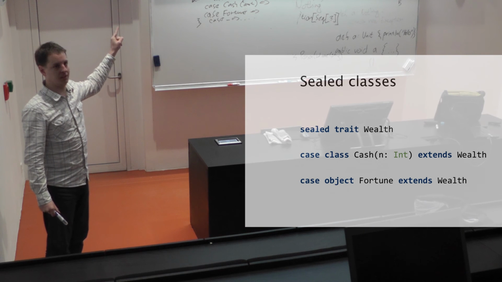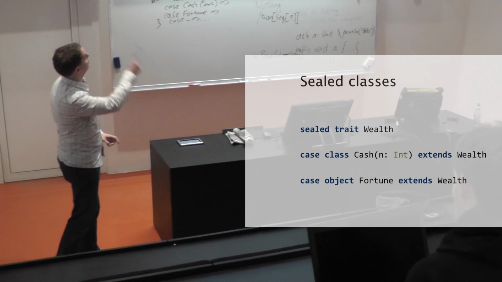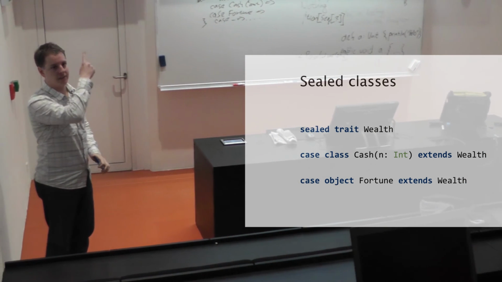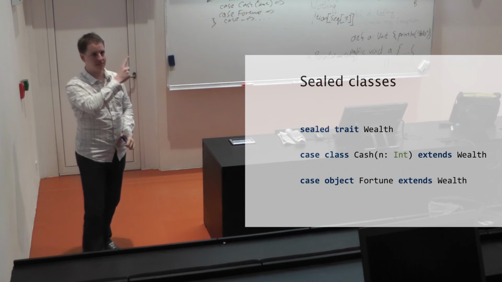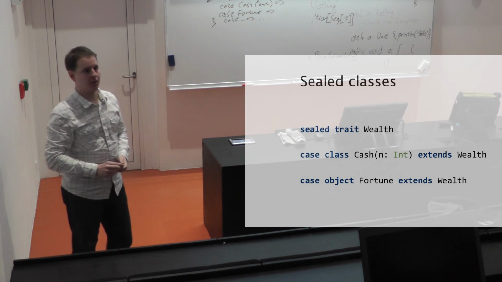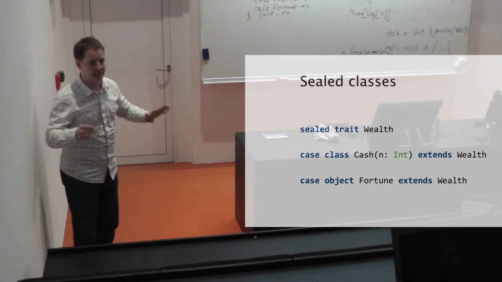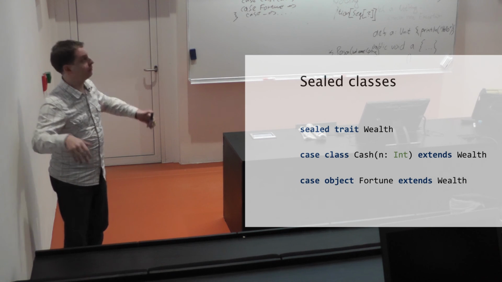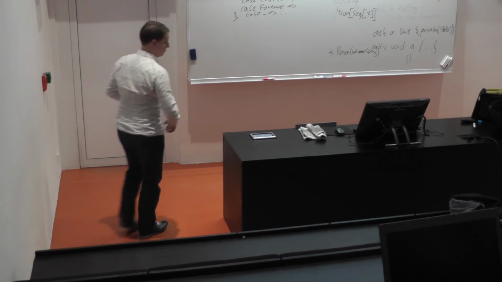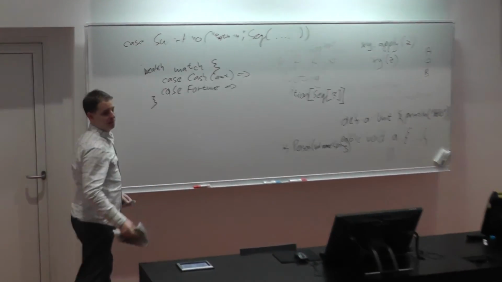And if there is one in another file, the compiler says, okay, this does not compile because Wealth is sealed in this particular file. So you have under your own control how many subclasses of Wealth you have. The compiler knows them all in advance because there never ever can be any other in another file because it's sealed, and it stops complaining, and you may write your code a bit nicer.